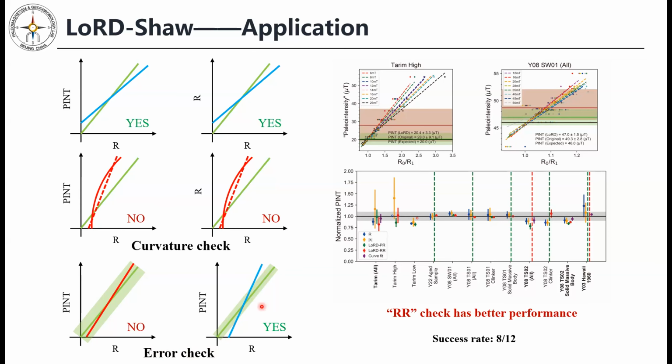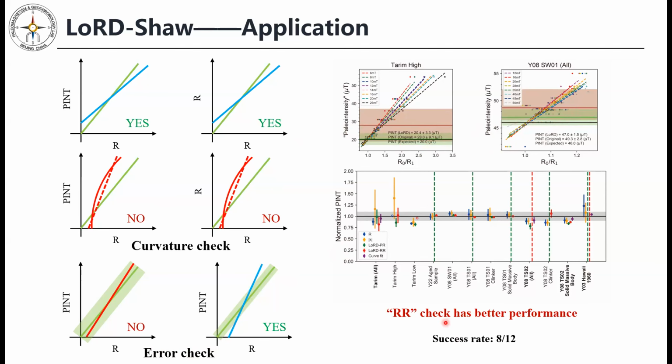And then we applied this new method to different data sets. These are some of the results, and we can see that the Lowrie-Shaw method has more accurate results compared to the former calculation ways.